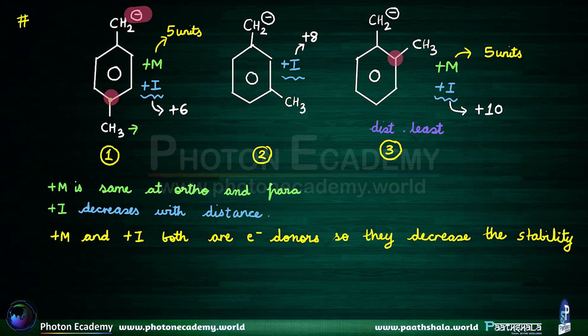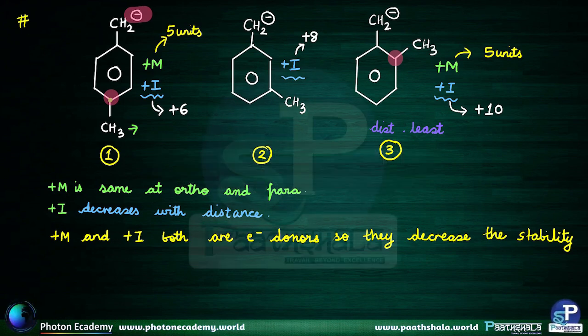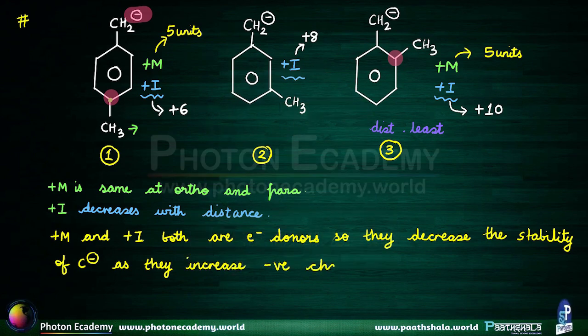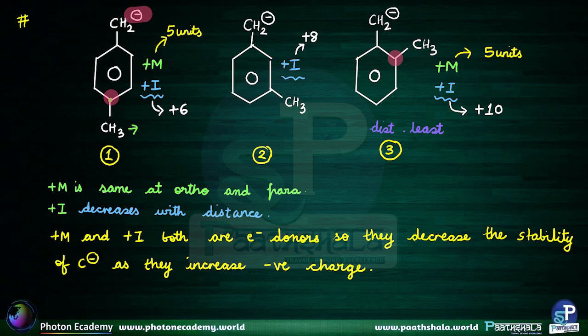They are both decreasing the stability of the carbanion as they increase the negative charge on the particular species. So plus M and plus I both decrease the stability of the anion.